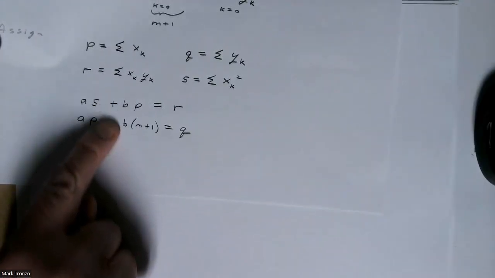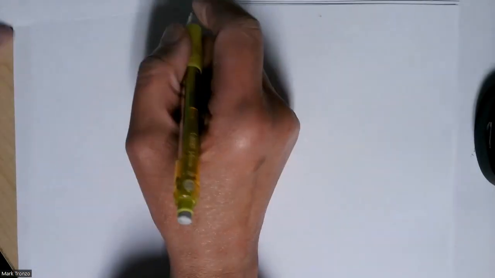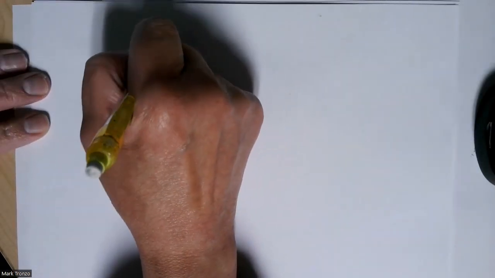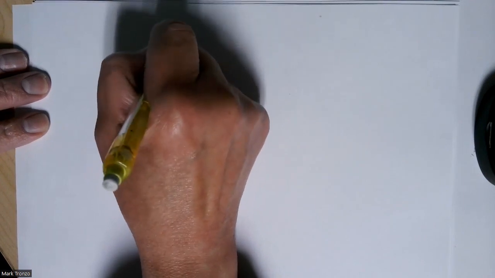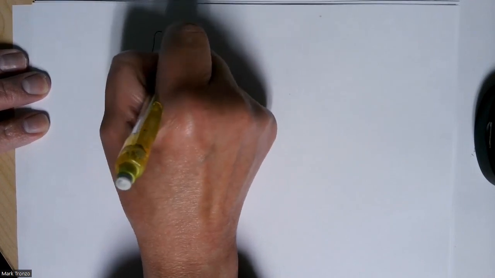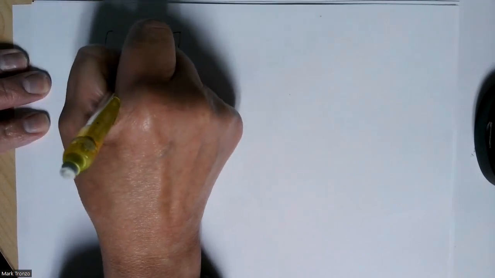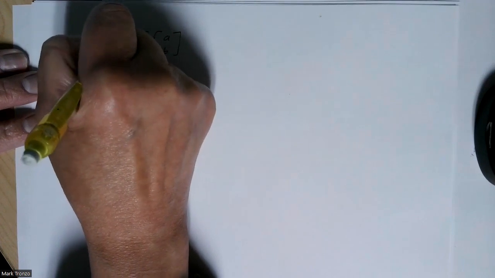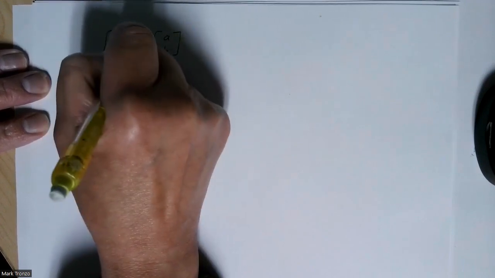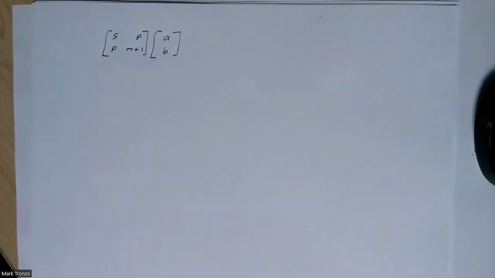So let's factor that out. We'll factor out the A and the B on the left-hand side. So we'll have A B, and that's going to leave us with S, P, P, m plus 1, like this.